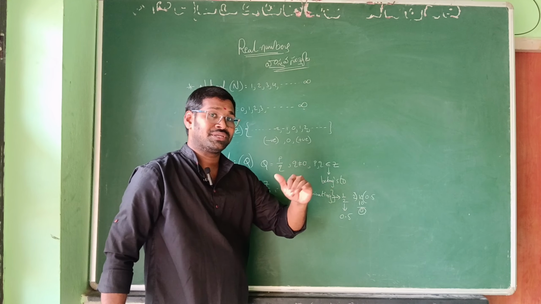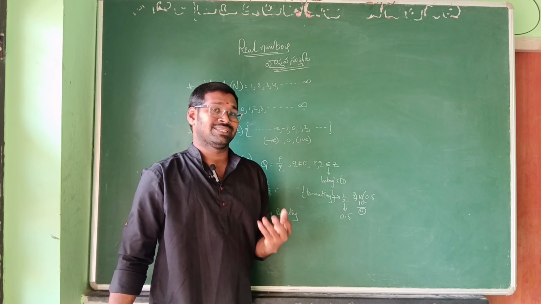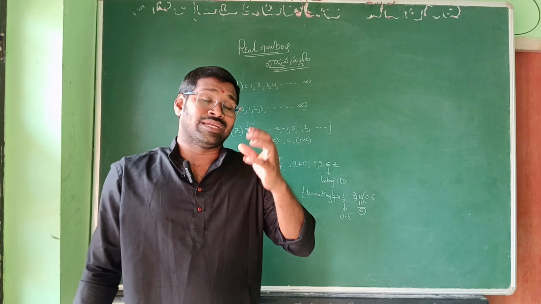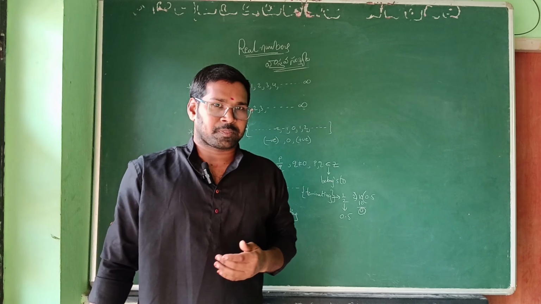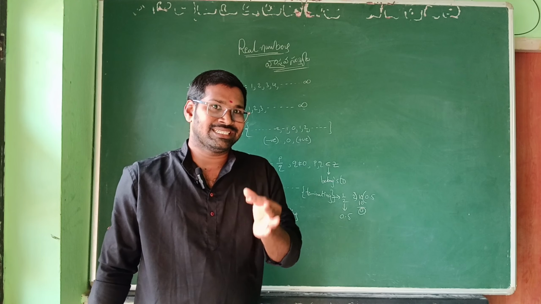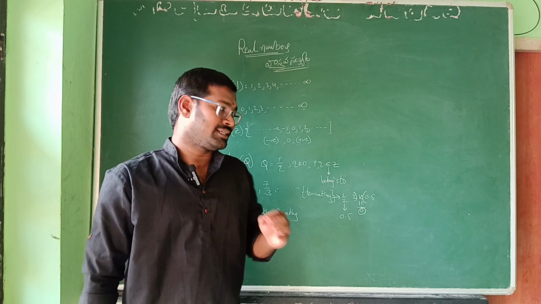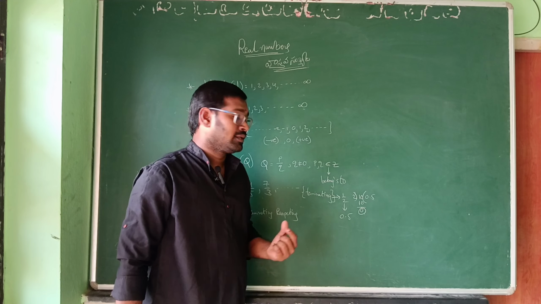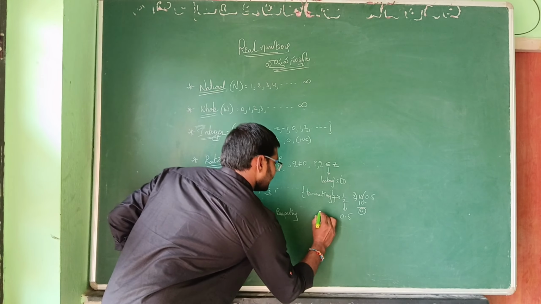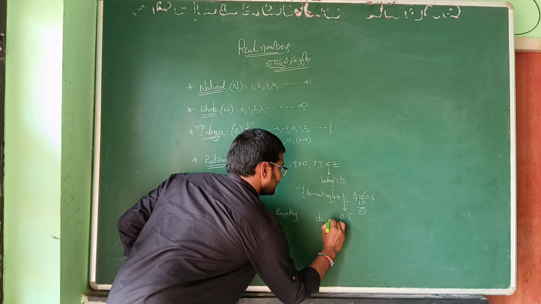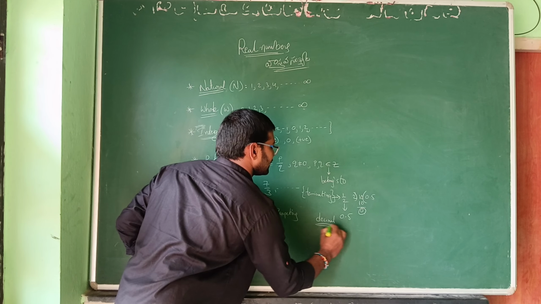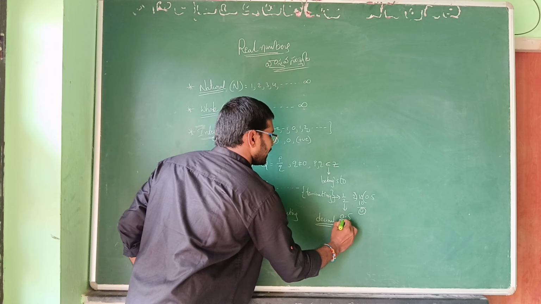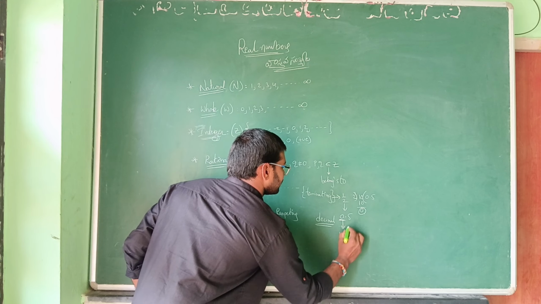After we divide one number by another number, when that remainder is 0, then it is a terminating decimal. Okay, see here, decimals. Before the decimal point, 0 is nothing but a whole number.